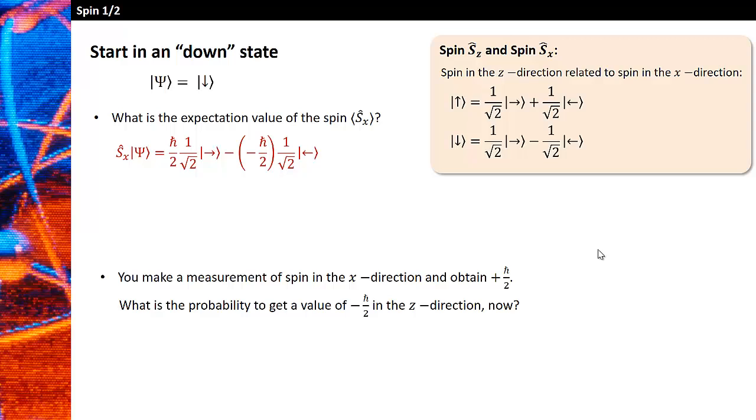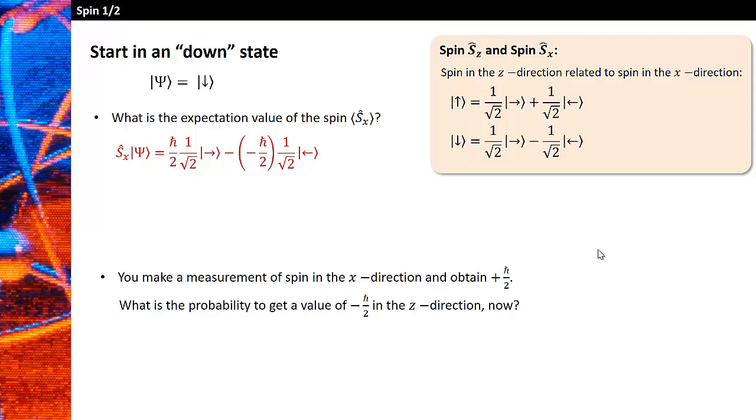And so we can first calculate the action of the spin in the x direction on our spin down state, on our state psi. And we notice that when it hits the spin right state, we get a positive h bar over 2. And when the Sx operator hits spin left, we get a minus h bar over 2. There's already a minus sign, actually, from spin down, the relationship between spin down and spin left and right.